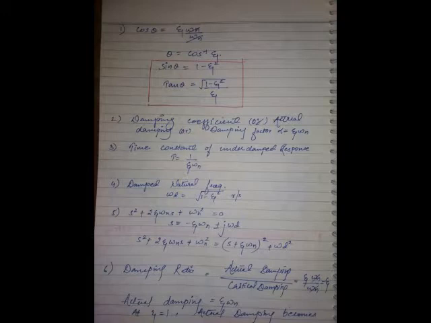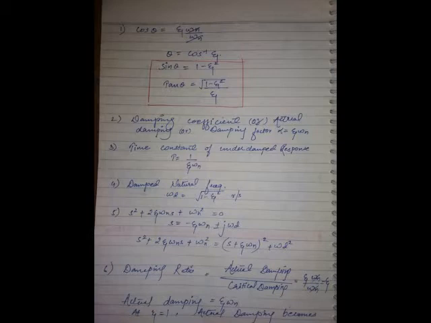Critically damped system means the roots should be repeated on the real axis. An example of a critically damped system is a non-interacting system.